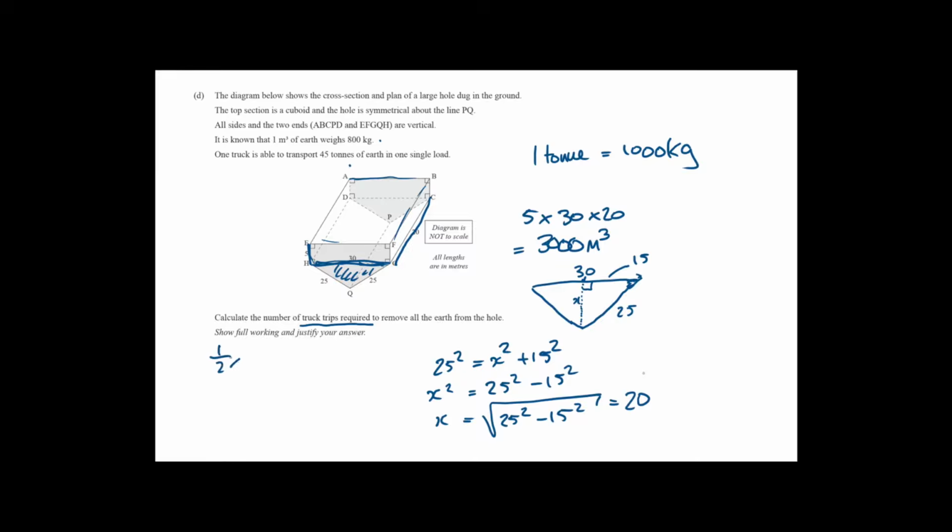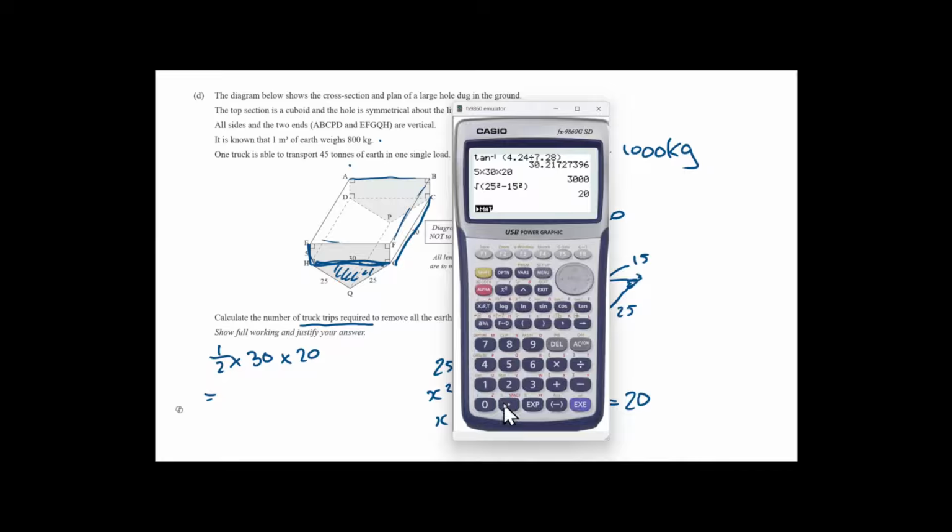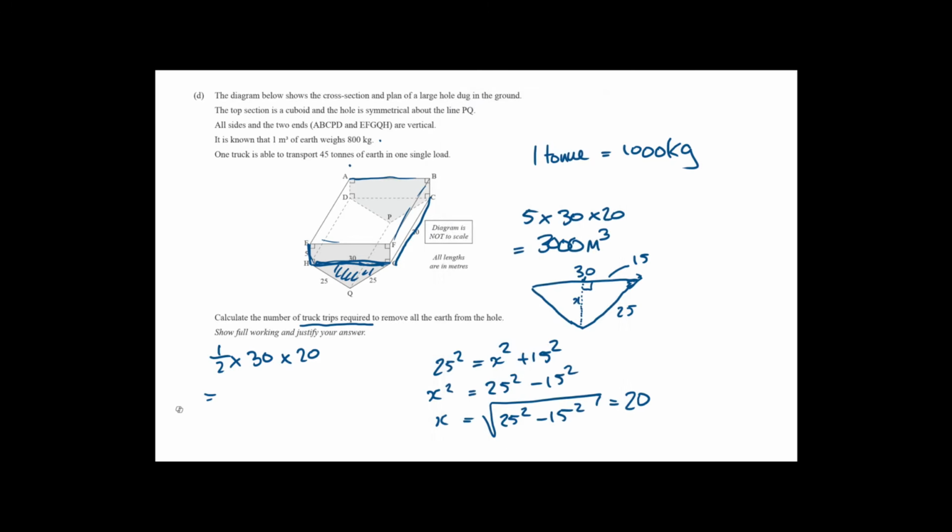So it's half times the base, which is 30, times the height, which is 20. Half, 0.5, times 30 times 20 is 300. So that's 300 meters squared because it's the area.